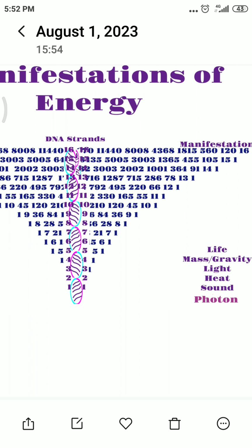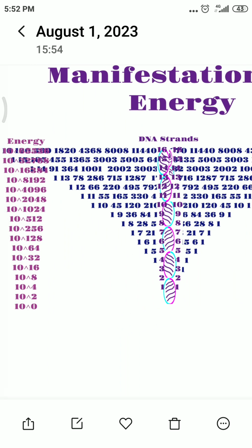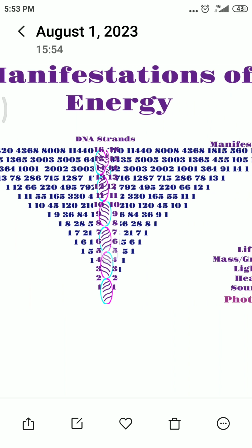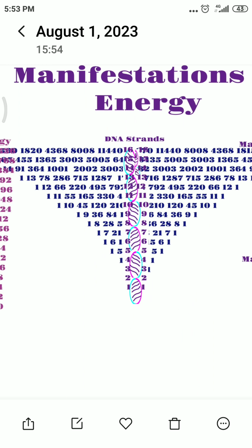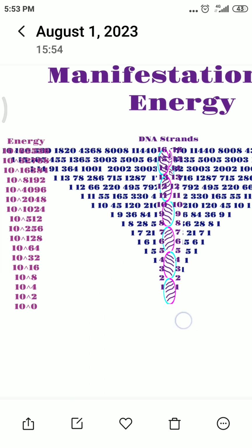In that book, I mentioned that the 10 raised to here, these are the energies, and these energies at each level have a physical form. In the sense that if you take the whole of 10 raised to 2, we already discussed this in qubits. There is a quantum entanglement, and there are many different states possible in qubits.